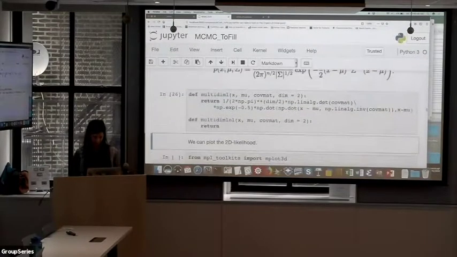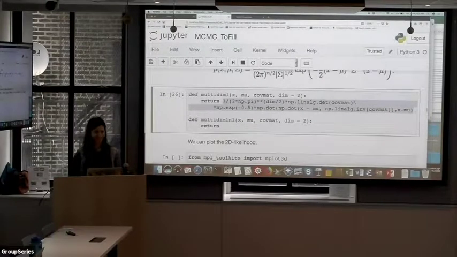Okay, hopefully this works. And so now I'm just gonna take the same thing and take the log.